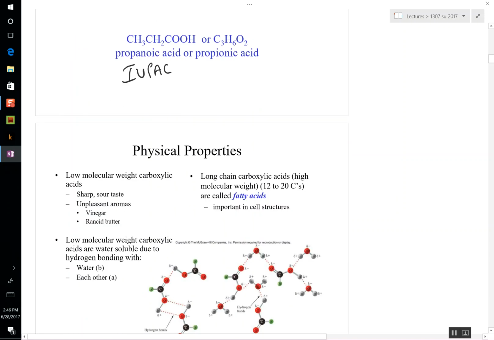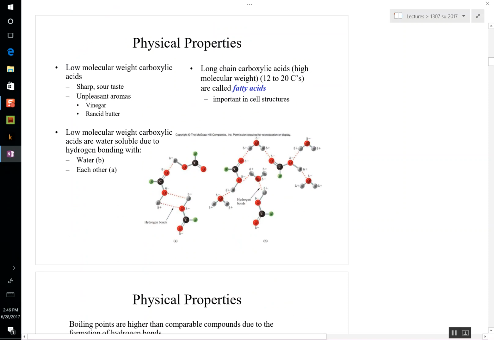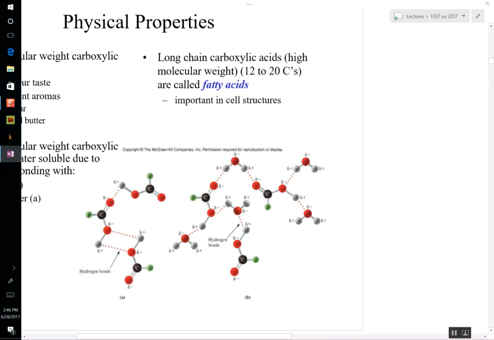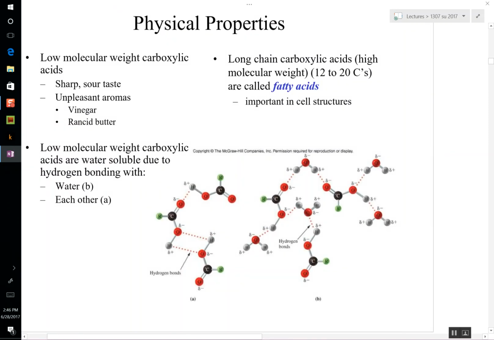Okay, we always talk a little bit about what the properties of these things are. As I mentioned, they're more polar than other things. Usually if we put a dividing line down through here, what we're showing on the left is if we had a bottle of just pure acetic acid, no water, the acetic acid molecules would hydrogen bond with each other.